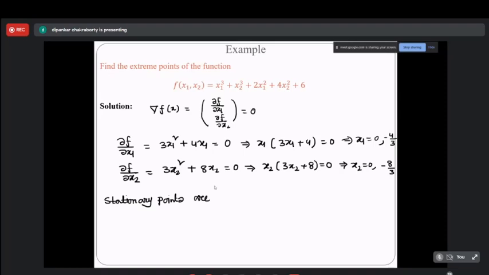You have done this kind of problem already in your first semester. The stationary points will be what? The combination of x1 and x2. That means (0, 0), okay? (0, minus 8 by 3), (minus 4 by 3, 0) and (minus 4 by 3, minus 8 by 3).